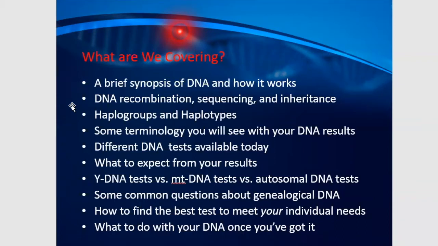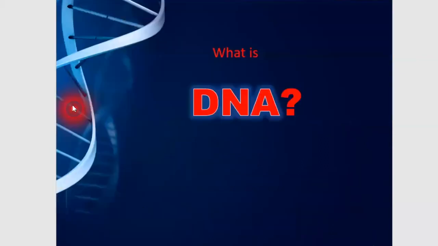We're going to cover Y DNA tests and mitochondrial DNA tests, as well as autosomal. Some common questions regarding genealogical DNA, how to find the best test to meet your individual needs, and what to do with your DNA once you've got it. And I know that sounds like a whole lot, but really it's only three basic parts of the program. We're going to cover DNA itself, testing and results, and then what those results mean and where to go next.